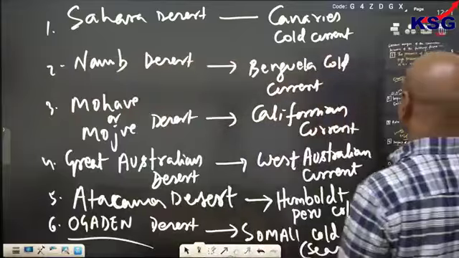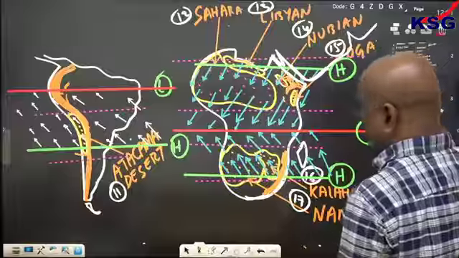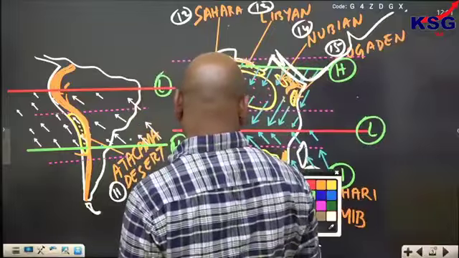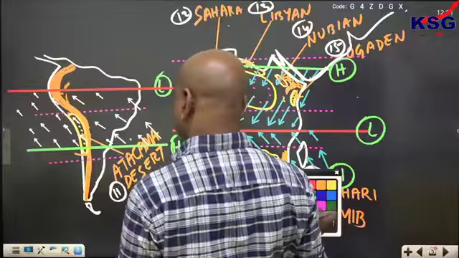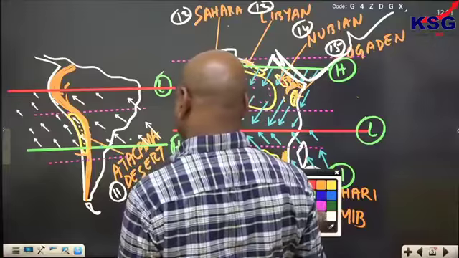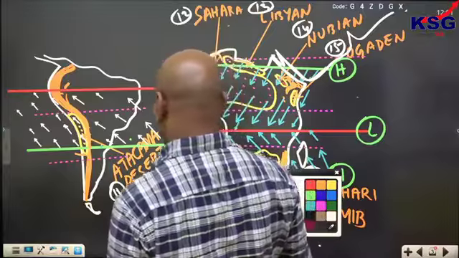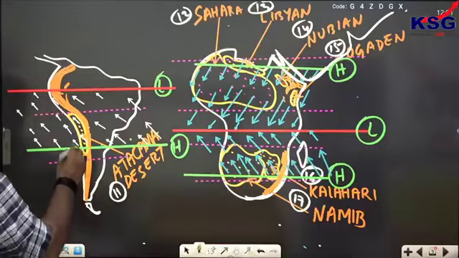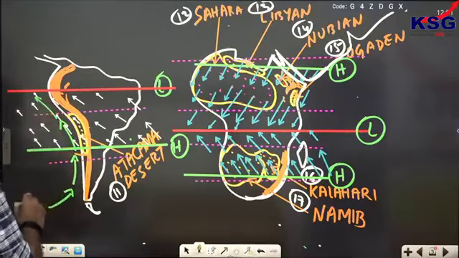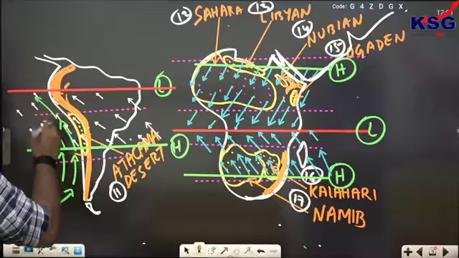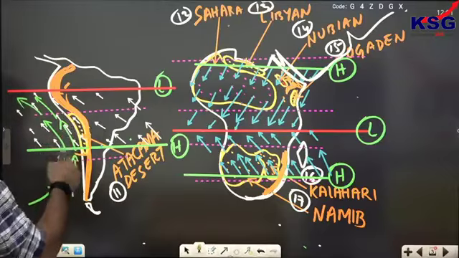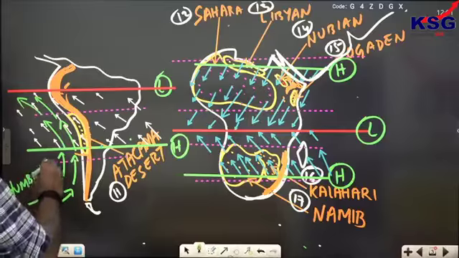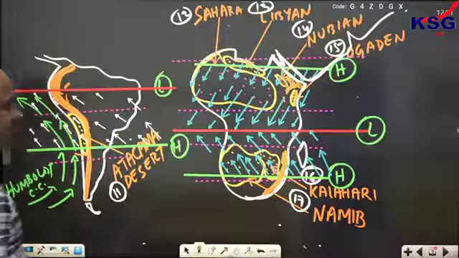Let me look at all these, Somali current and all. Here I will show you the cold ocean currents. The name of this cold current is Humboldt current. CC means cold current.